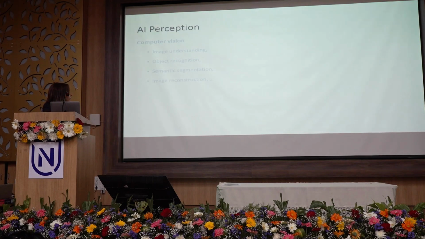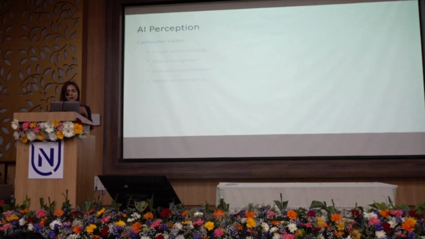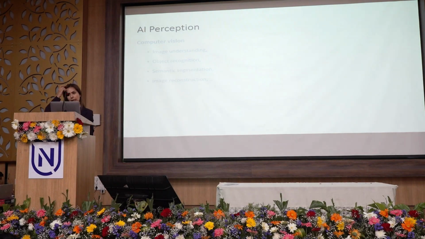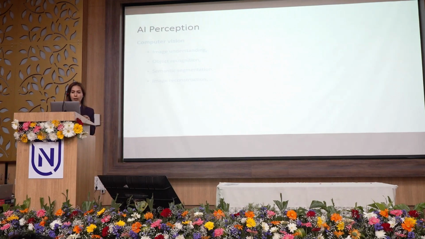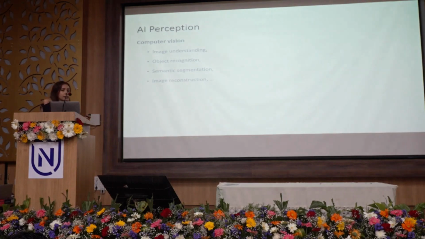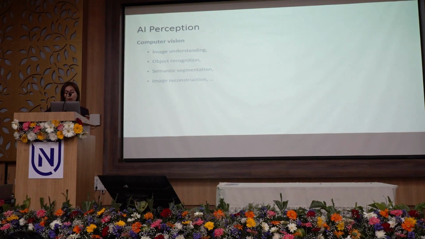In terms of AI perception, as you remember, I talked about one of the layers in developing AI, and it was AI perception. The first stream of AI perception is computer vision. It basically helps us do image understanding, object recognition, semantic segmentation, and image reconstruction.